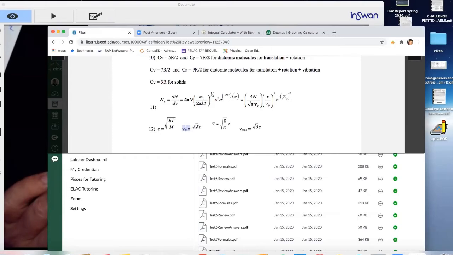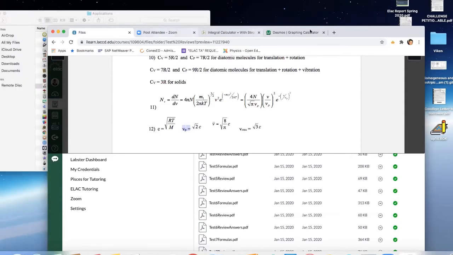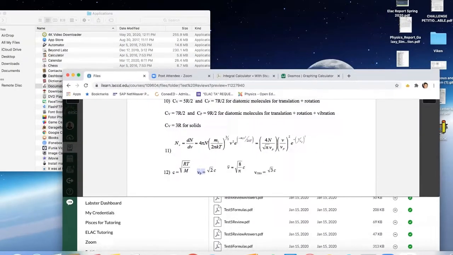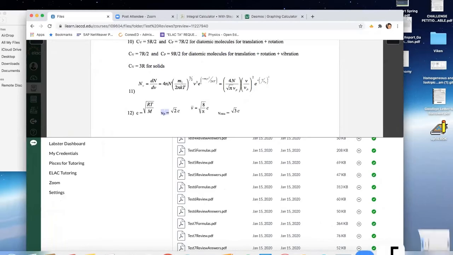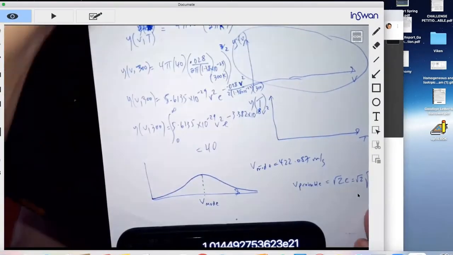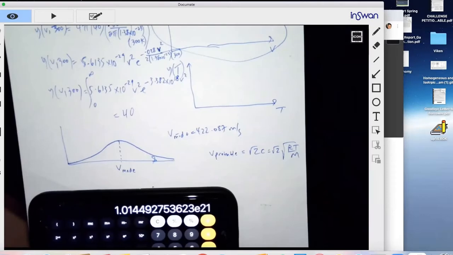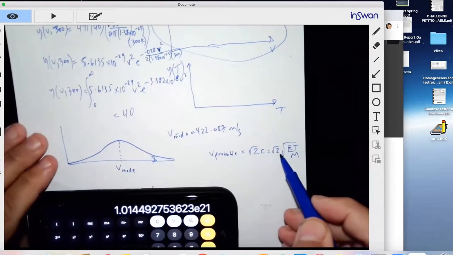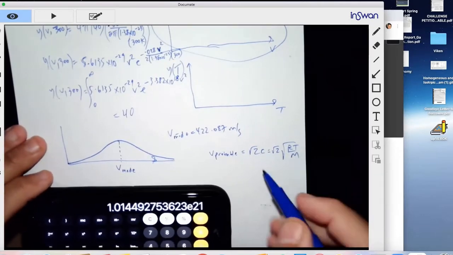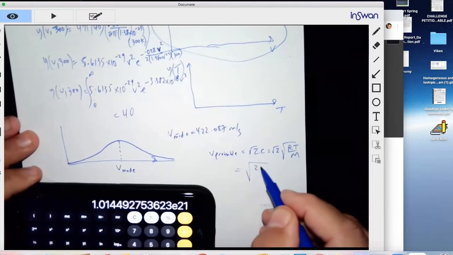Square root of 2c, and then c is equal to what? Square root of RT over m. Where is my paper? You see that? Square root of 2c, and then square root of 2c is square root of RT over m. So what is that equal to? Square root of 2RT over m.